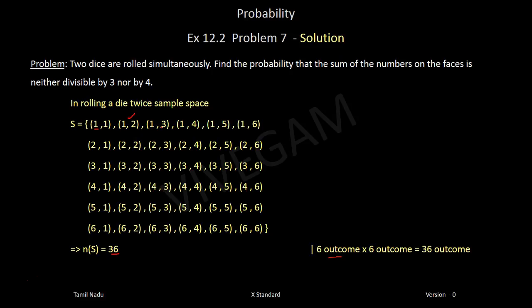This is 4, not divisible. 5, not divisible. 6, yes. 1 plus 6, 7, no. 2 plus 1, 3, yes. 2, 4, no. 5, no. 6, yes. Like this, you'll have to go through each and every outcome in the sample space and select the ones divisible by 3, right?